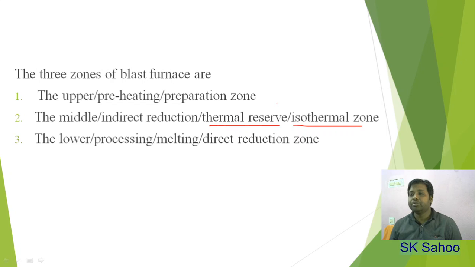We have studied that, where the temperature remains constant with the height of the blast furnace. And then the lower zone, just above the tuyere, that is the lower zone or the processing zone or the melting zone, where the direct reduction takes place. That's why it is also called the direct reduction zone.